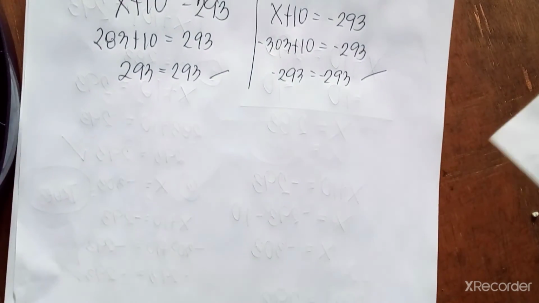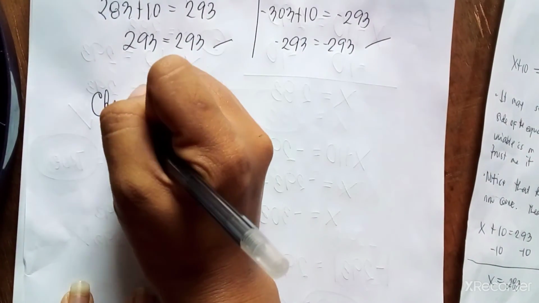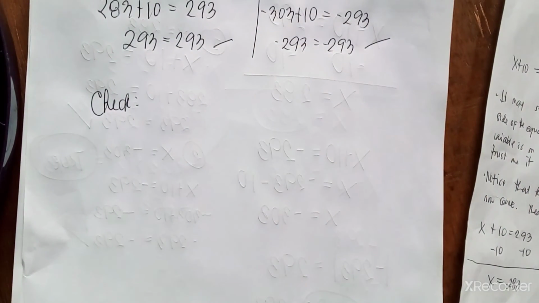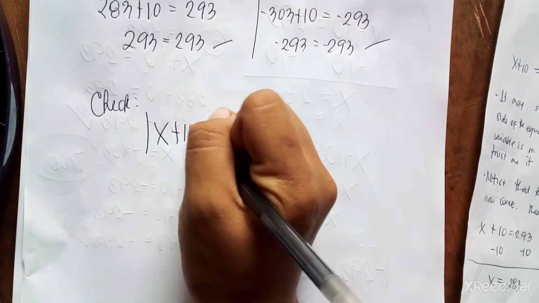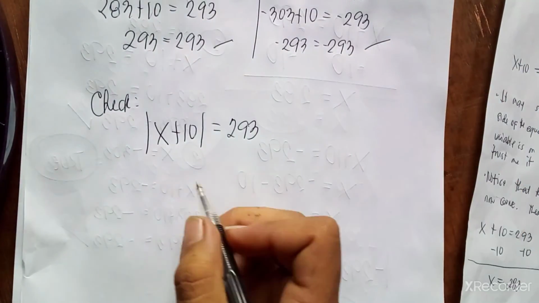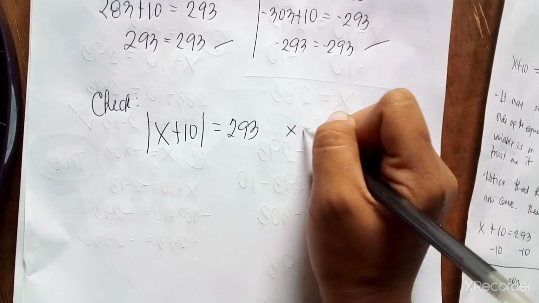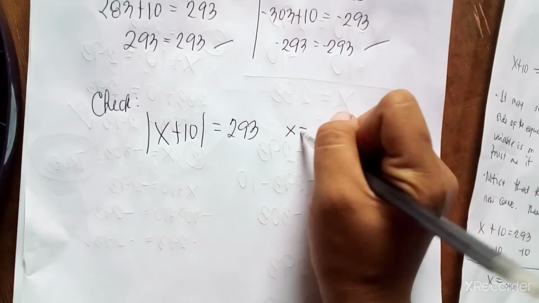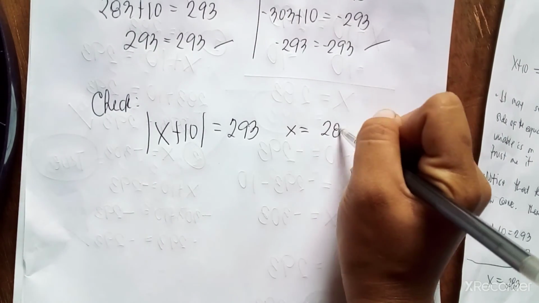So, let's check. We have the absolute value of x plus 10 equals 293. The value of x is 283.